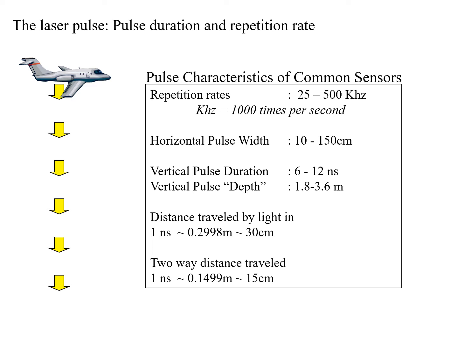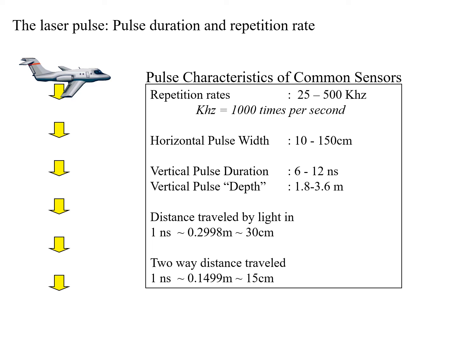The horizontal pulse width, as the pulse is leaving the aircraft, can be as small as 10 centimeters. It could be as high as 150 centimeters. Then there's the vertical pulse duration. The pulse is emitted, so at one point the pulse starts and then it ends.